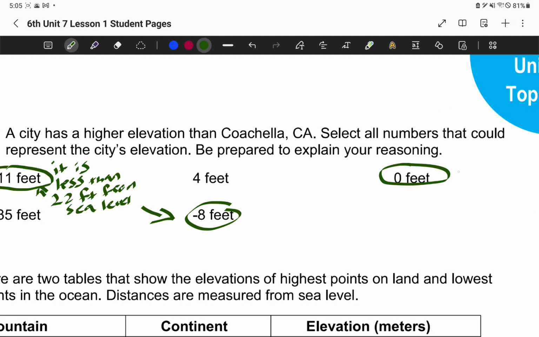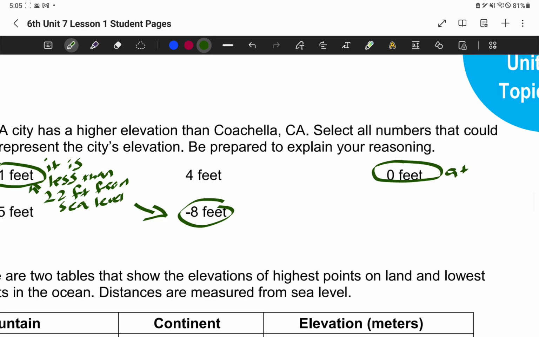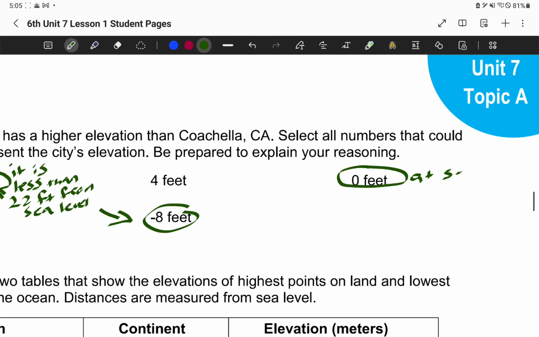This one at sea level, and Coachella is below sea level.